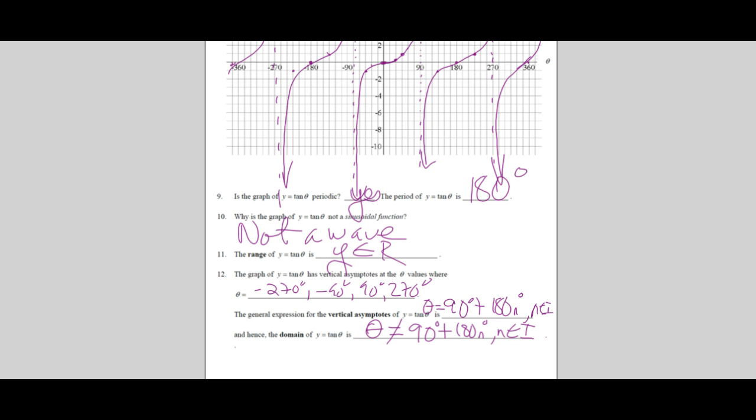When we say the asymptotes, we say what they are: 90 plus 180n. When we say the domain, we say what you can't be: theta is not equal to 90 plus 180n. That takes care of every possible place where you would be dividing by 0. Okay. Questions, comments, concerns?